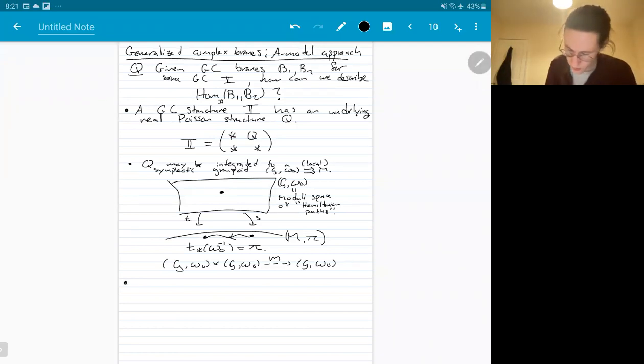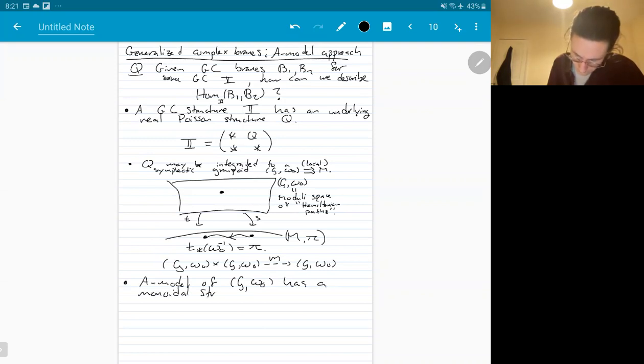And the fact that we have this multiplication structure means that the A model of (G, omega) has a monoidal structure, with unit object given by the so-called identity bisection.